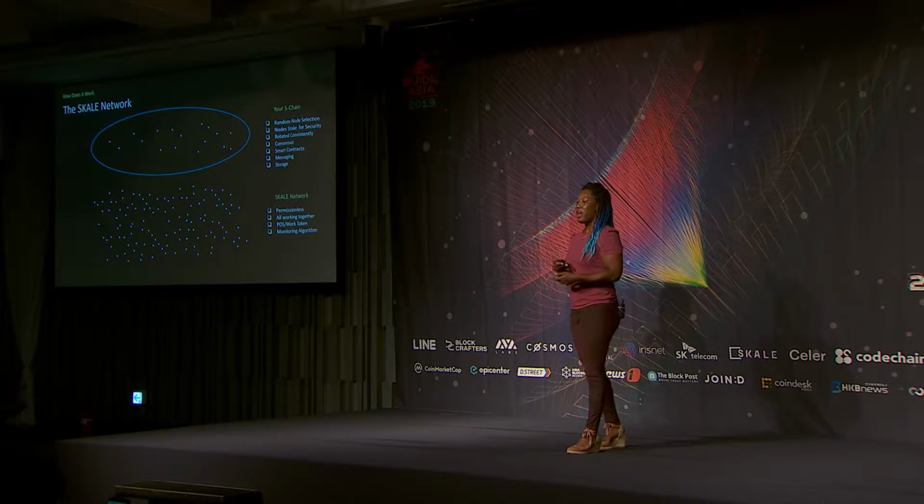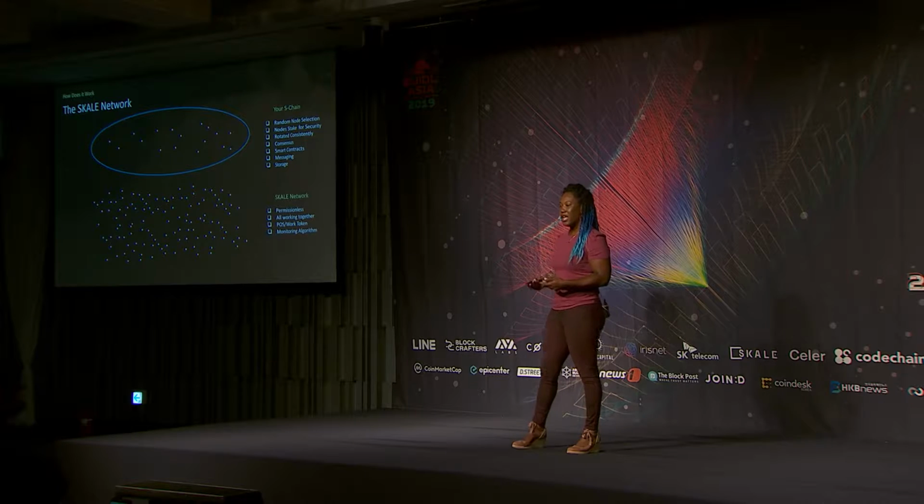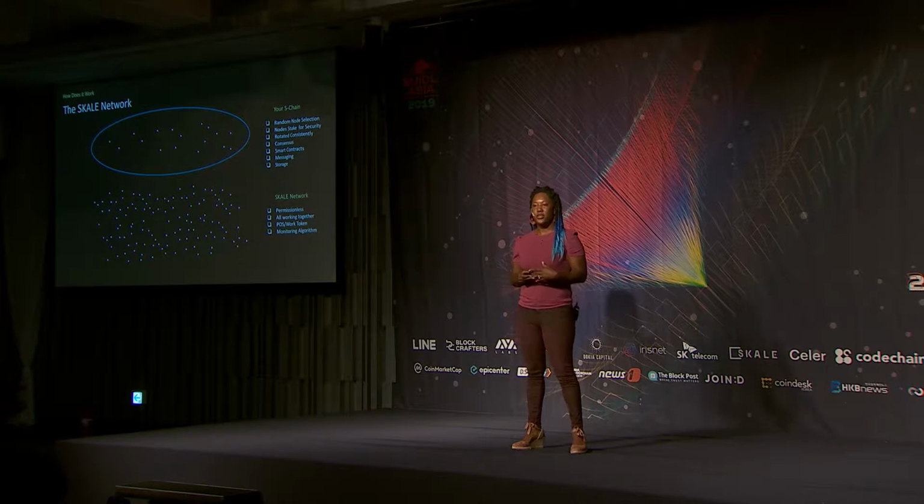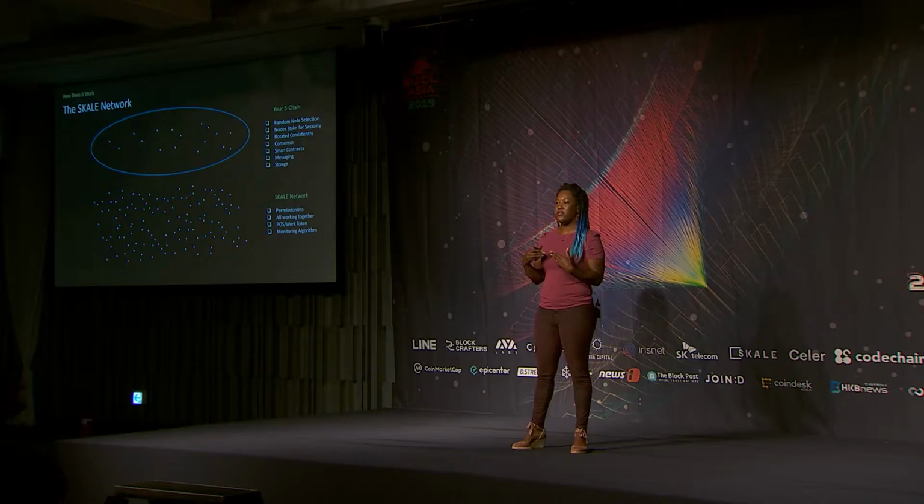It's going to be a decentralized network, but the difference is instead of having one blockchain where you're sharing it with other dApps, what we do is we group together a small subset of those nodes to create a sidechain that's specifically dedicated to just your application. Now, what that means is that it runs faster. But we also add in layers of security through consensus to make sure that you don't have double spend or people trying to steal your money that you are potentially storing on the sidechain as well.